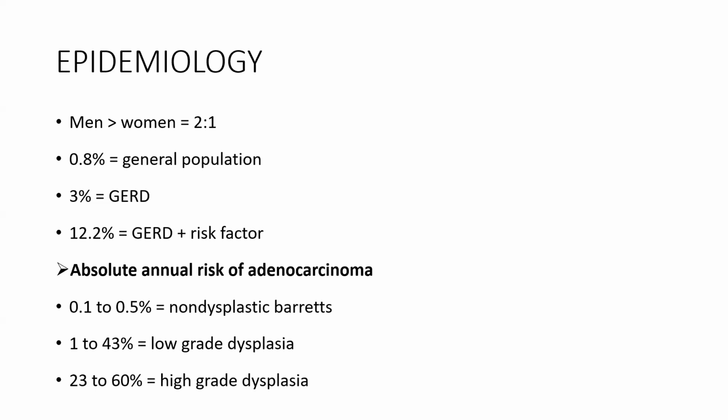Study results indicate the absolute annual risk of adenocarcinoma in non-dysplastic Barrett esophagus is like 0.1 to 0.5% per year, and 1 to 43% per year for low-grade dysplasia, and 23 to 60% per year for high-grade dysplasia.